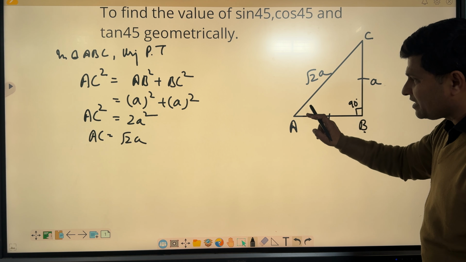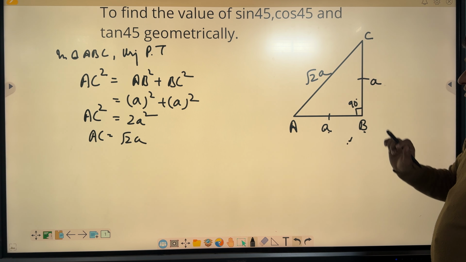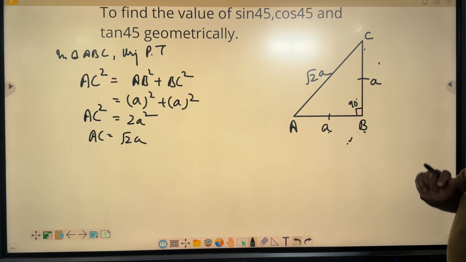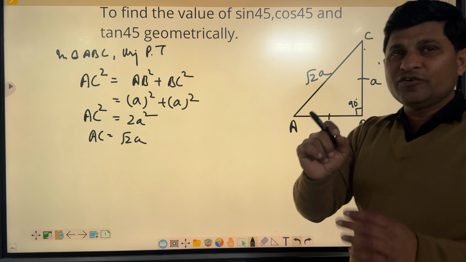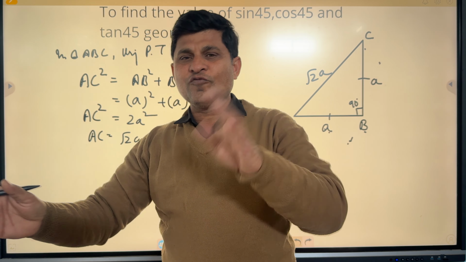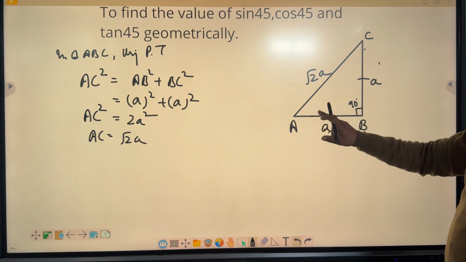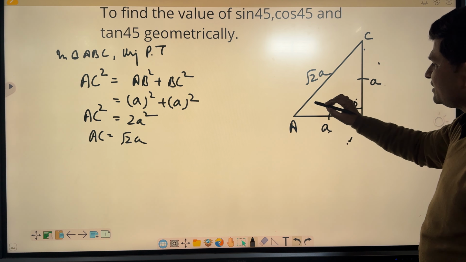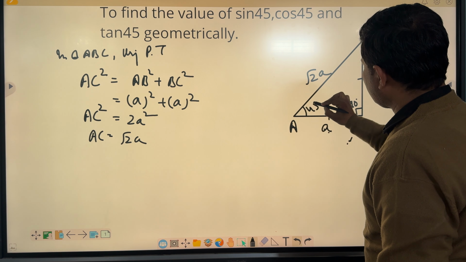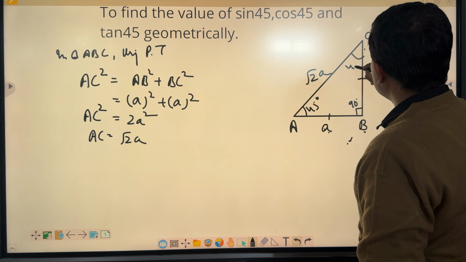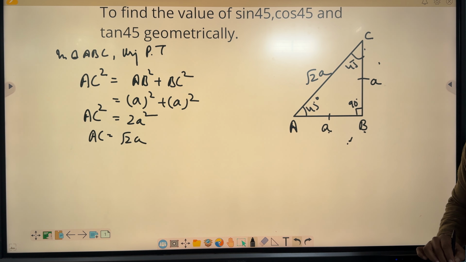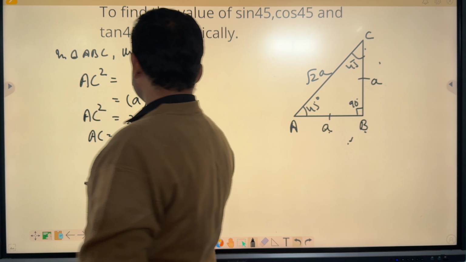Now angle A is opposite to BC, angle C is opposite to AB, and if you go back to class 9th, you find that angles are equal when sides are equal. So angle A equals angle C, that is 45, and this is also 45 degrees. Clear? Now come back to your question.